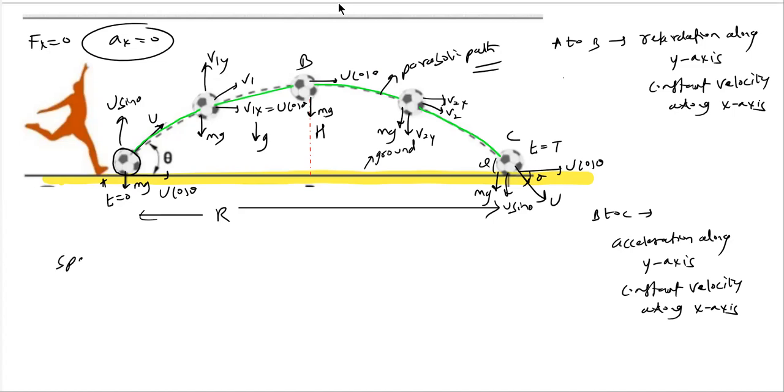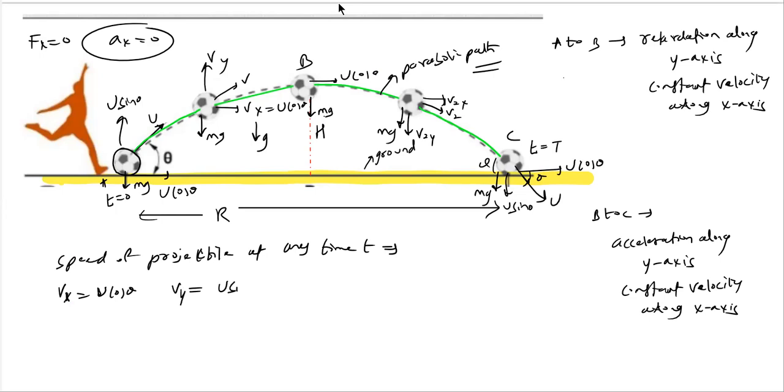We'll find it here. The speed of the projectile at any time t is given by vx equal to u cos theta. Let me use this data here. What about vy? u sin theta minus gt.